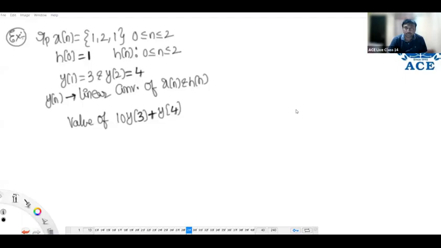Trivikram, correct. Ravi, check your answer. Venkat Ramana, correct. Nitish, correct. Shivam also correct.